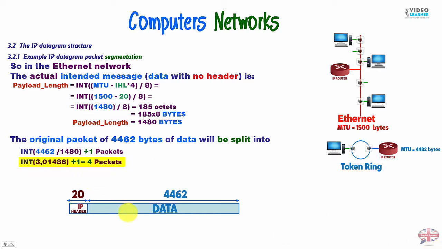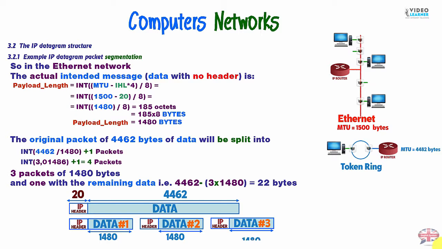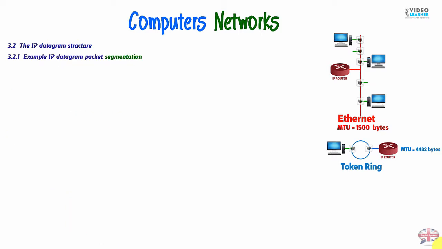So this operation is 3 plus 1, so we have 4 packets. 3 packets of 1480 bytes and 1 with the remaining data, that's to say 4462 minus 3 times 1480 bytes, so we have 22 bytes of data. So first fragment, second fragment, third fragment, and the remaining with 22 bytes of data.